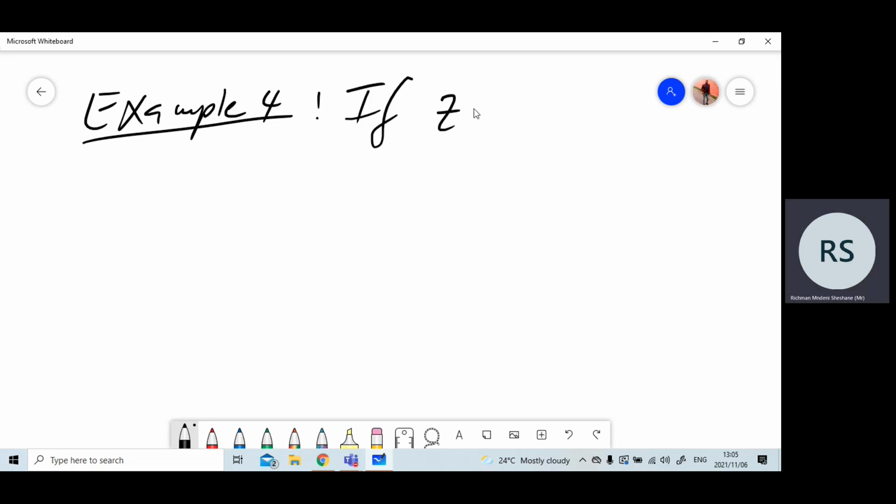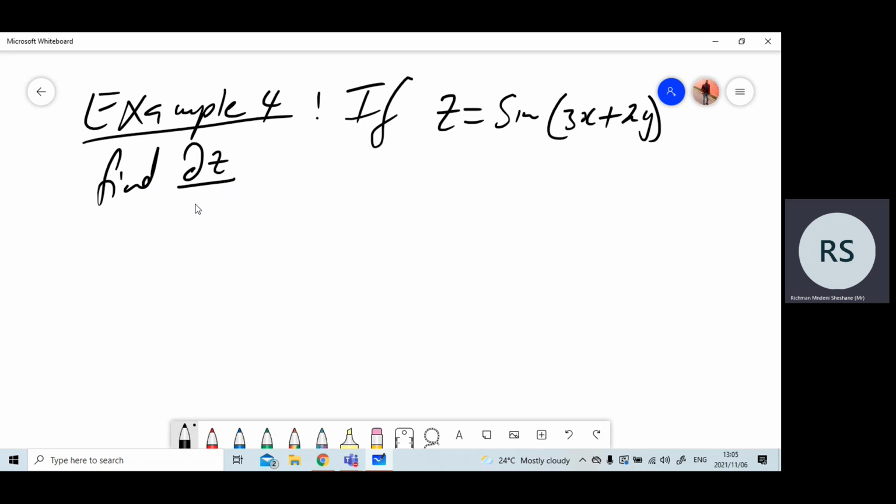If z is equal to sine of 3x plus 2y, find the partial derivative of z with respect to x and a partial derivative of z with respect to y.